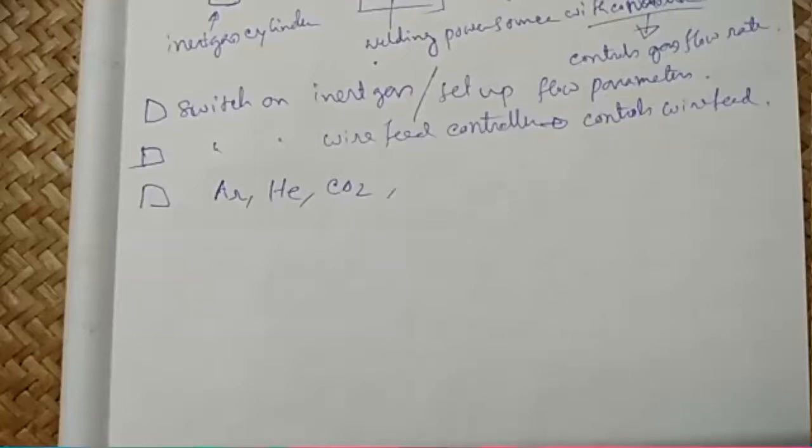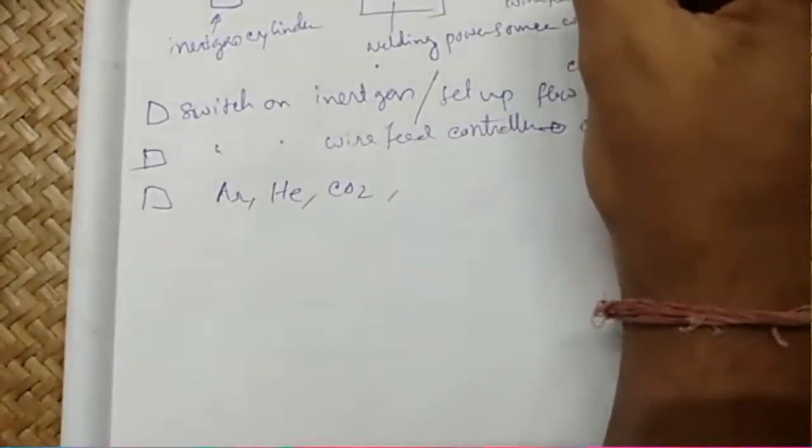In some machines, they might be catching up previously used values. That depends on the machine controllers and manufacturers. So whenever you set all these values, then you turn on, and then upon pushing the trigger on the welding gun, this is called the welding gun.